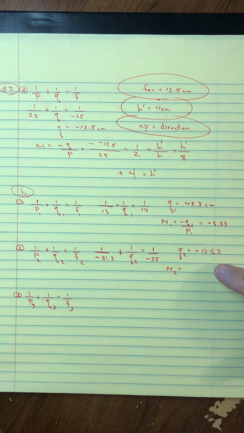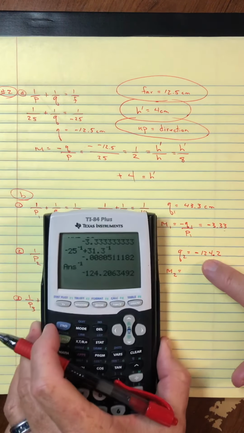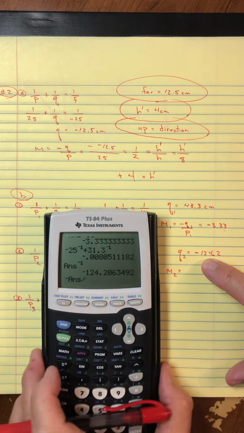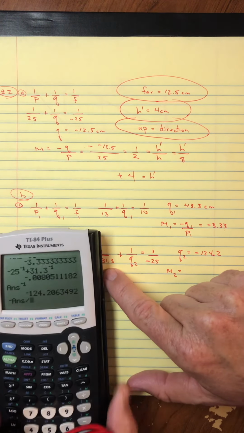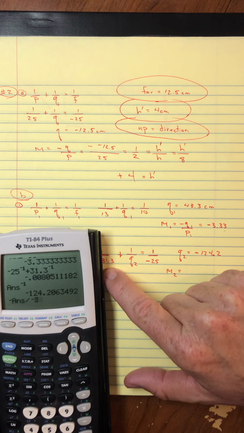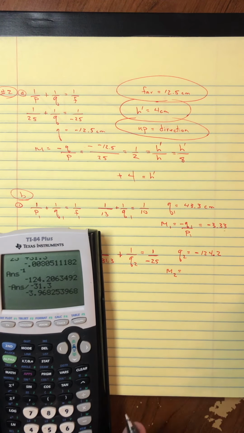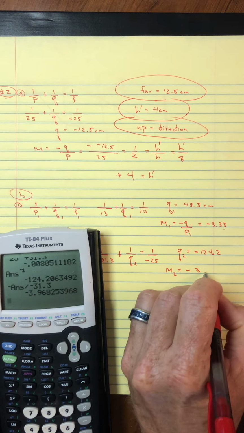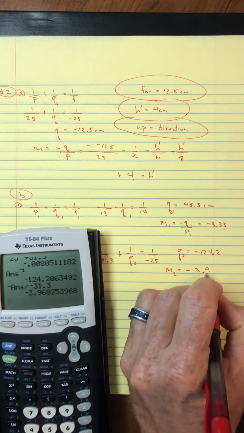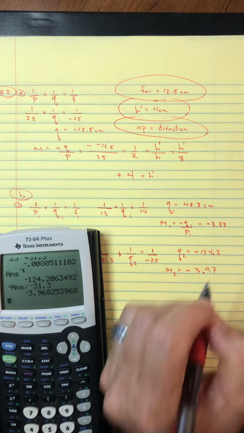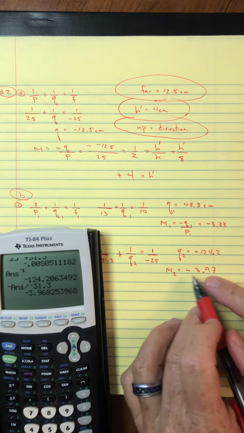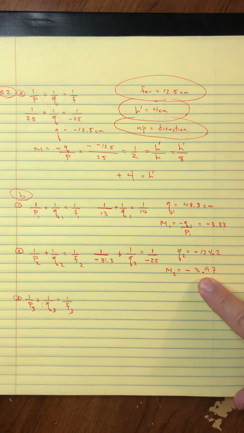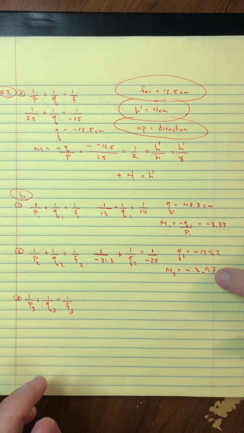And so if I take a negative of that number, so negative of the last answer, and divide it by the p, which is a negative 31.3, we're looking at a magnification of almost 4, negative 3.97. So the negative means it's inverting it, and the, of course, greater than 1 in terms of absolute value means it's making it bigger.